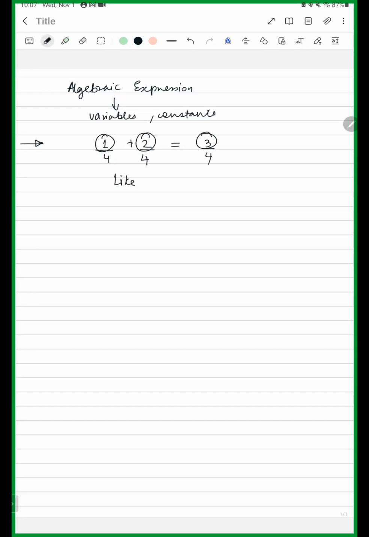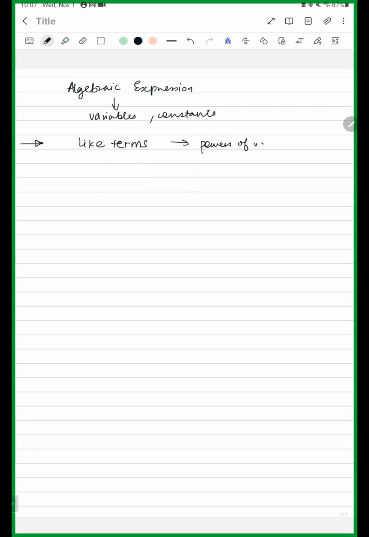Like fractions. What is the meaning of like fractions? Like the denominators are the same. Yeah, in the case of fractions, the denominator is the same. So when you're talking about like terms, it means the variables and the powers of the variables are exactly the same, right?